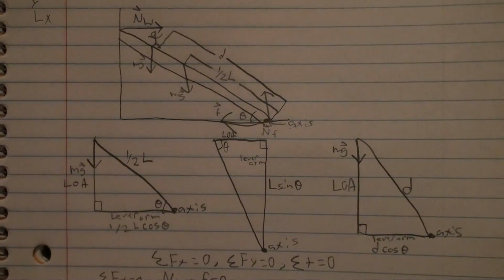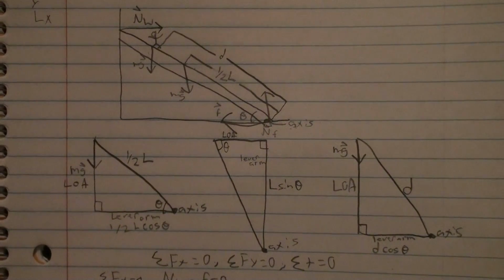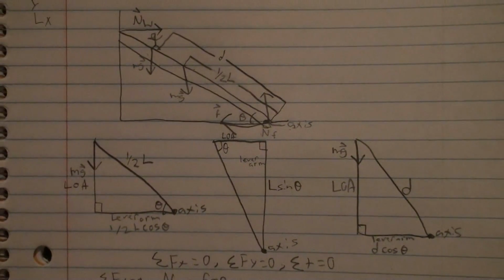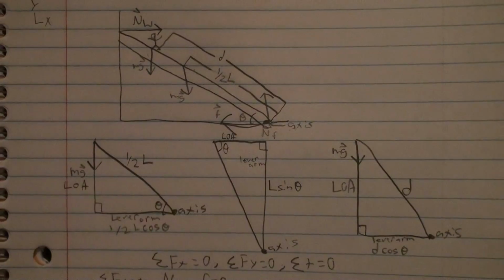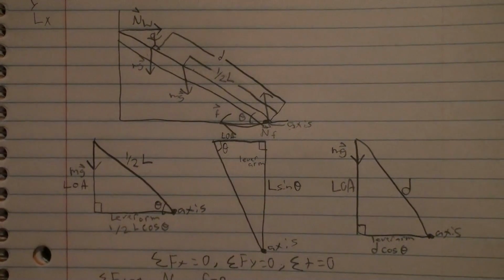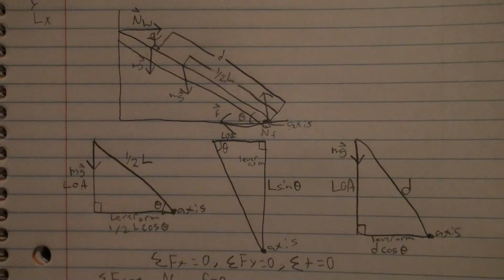Since two of the 5 forces, N sub F and F, act at the bottom of the ladder, these two forces have 0 lever arms, and therefore they produce 0 torque. Another reason why this is a convenient choice is that the distance d is measured from the bottom of the ladder. In this situation, with the forces either vertical or horizontal, I thought it was easiest to use lever arms to find the torques.